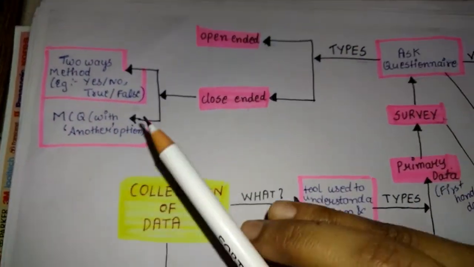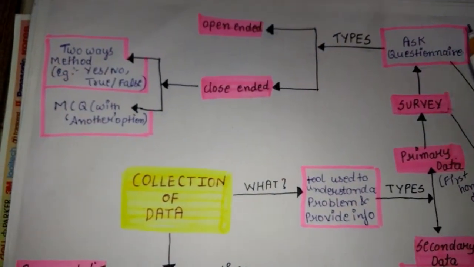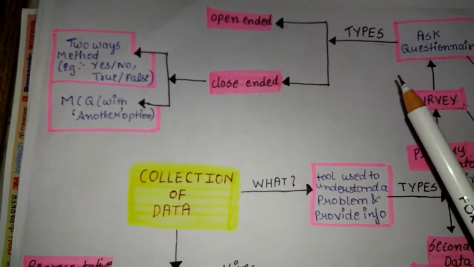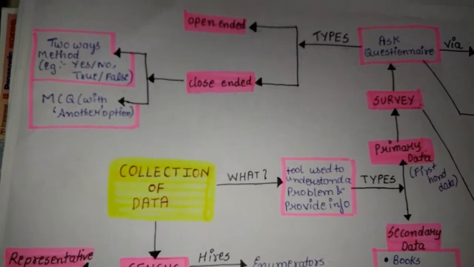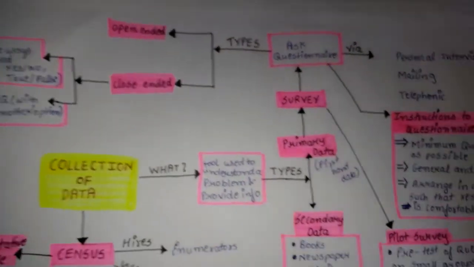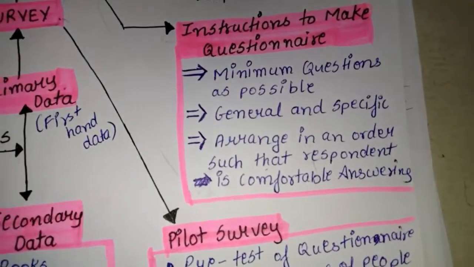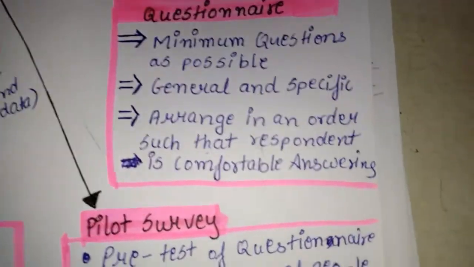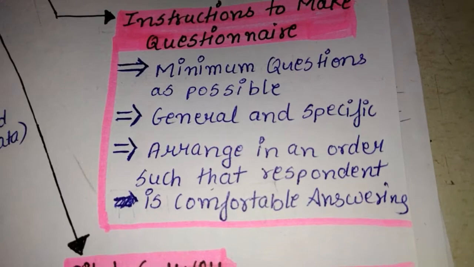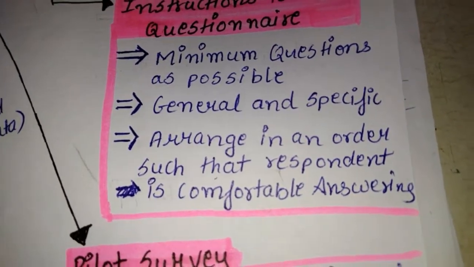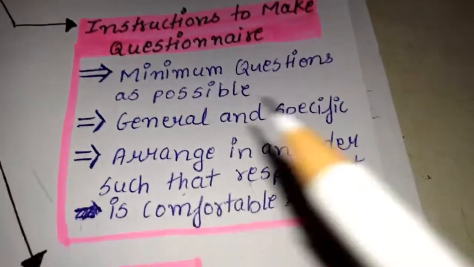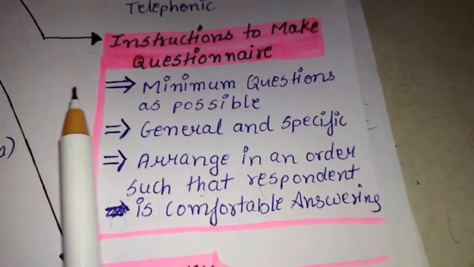But how can we make the questionnaires? What are the things we have to take into consideration while making them? Some instructions are given here: keep the questions as few as possible, and go from general to specific.